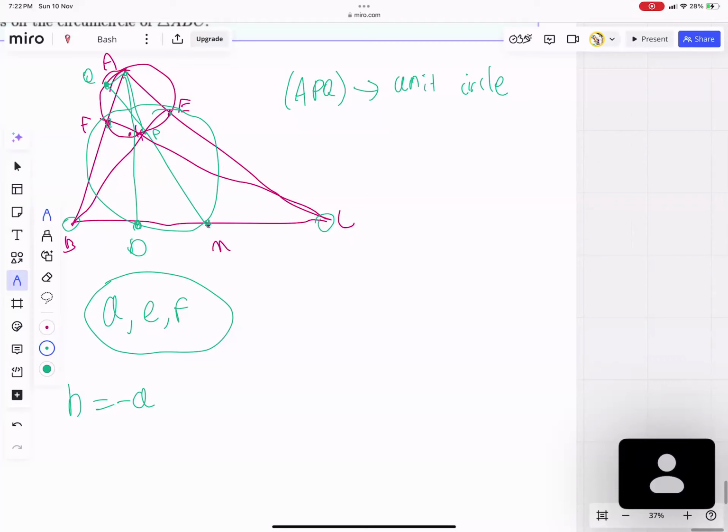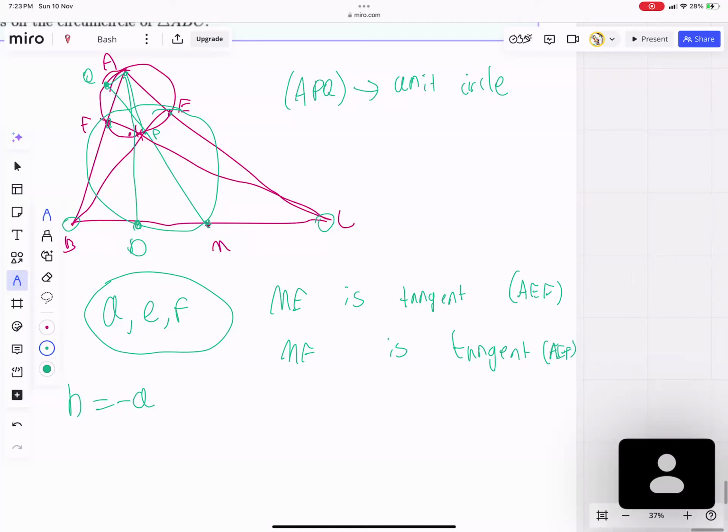So now I got it. The main part, I guess, is that ME and MF are tangent to the circumcircle of AEF. Nice.